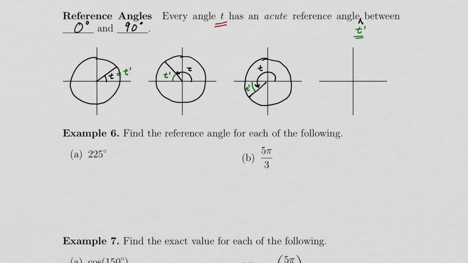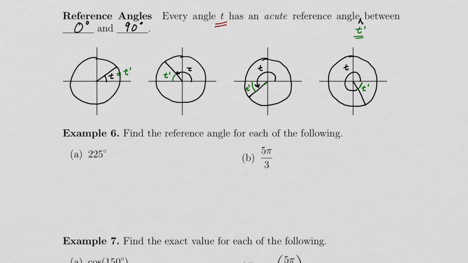In this case, it's with the negative x-axis. And then finally, if I'm in the fourth quadrant, so something like this, this would be my actual angle, t. And my reference angle is going to be the angle that that terminal side makes with the x-axis right here, t prime. Right? So the reference angle is always an acute angle. It's always between 0 and 90 degrees.